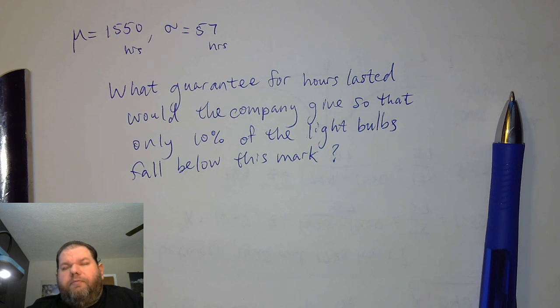Okay, so when we say 10%, in this case, we're talking about percentile. Okay. So essentially, we want to find the 10th percentile for the lifetimes of these light bulbs.